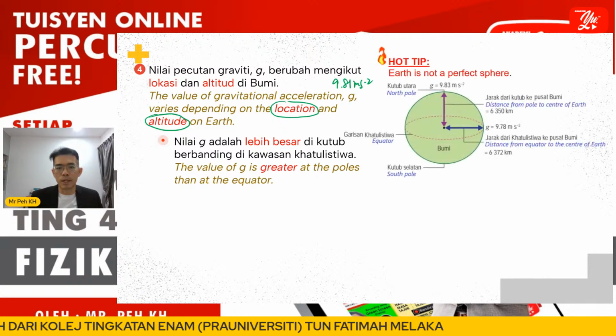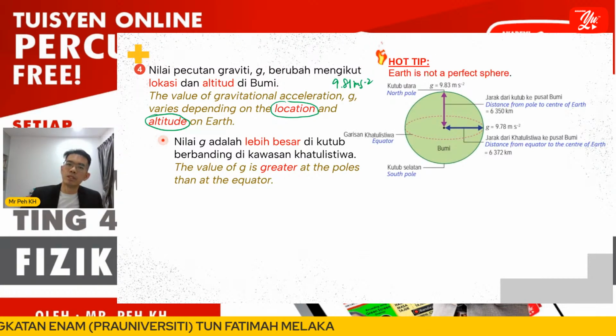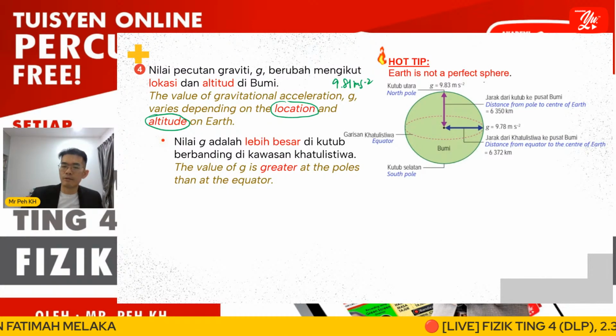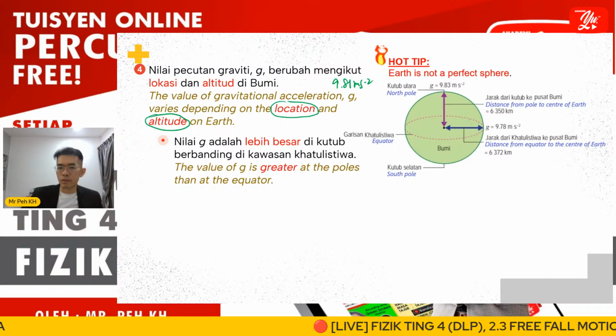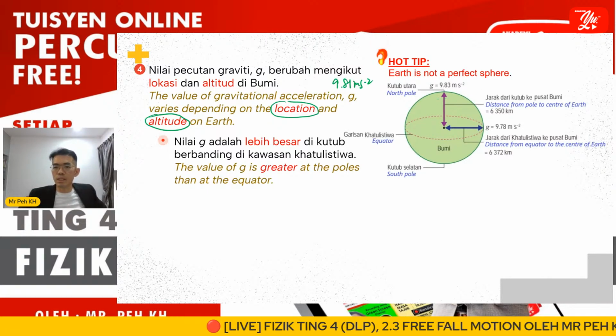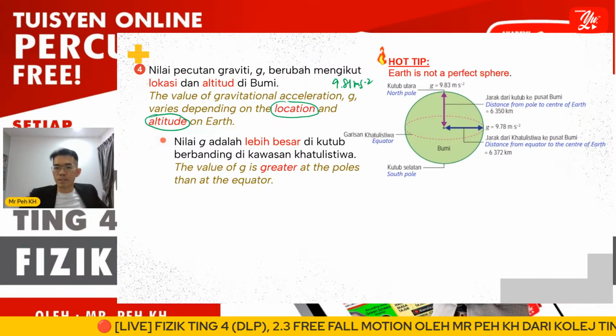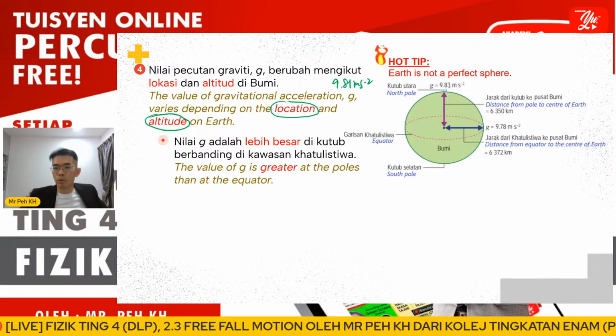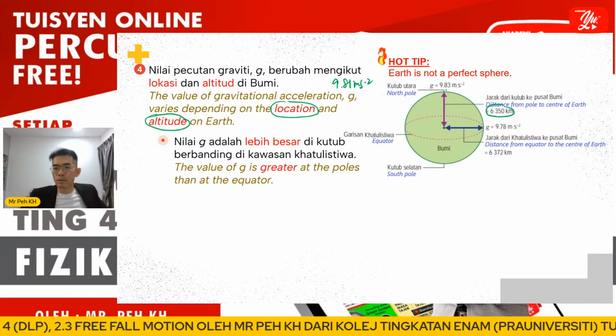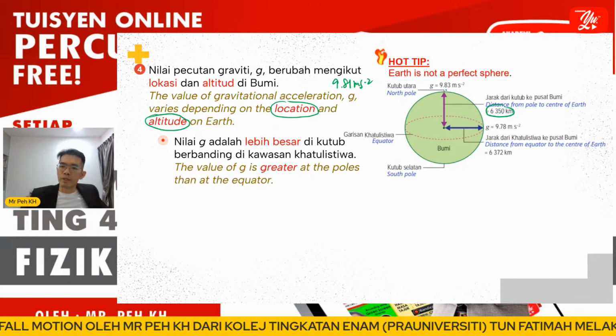This can be explained by this figure. Our Earth is not a perfect sphere. From this figure, you can see the distance from the center to the pole, the North Pole, is about 6,350.